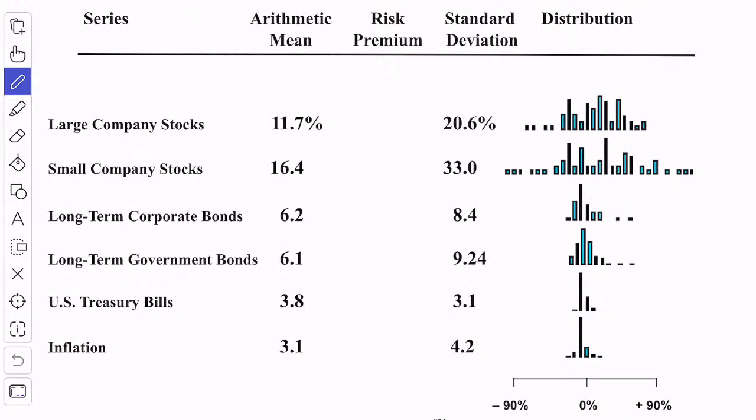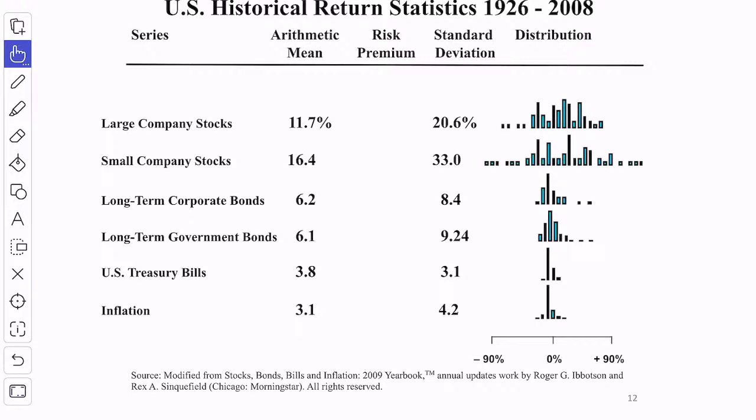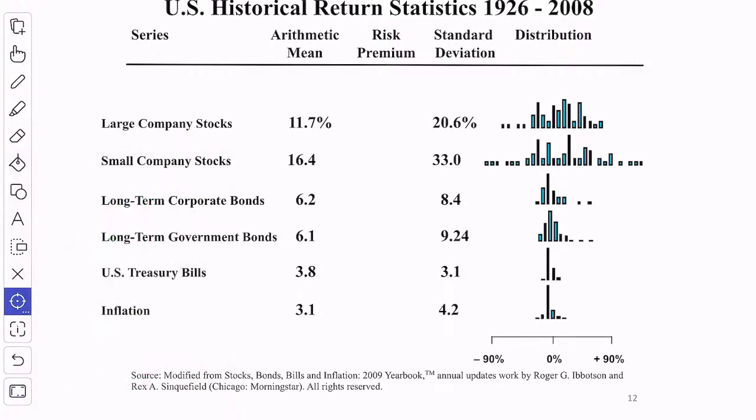So here we have some historical statistics. This was from a textbook. So this is older data, but you'll see the pattern is similar for us going to 2016. So up until this point where the global financial market crisis occurred, this is what you see.